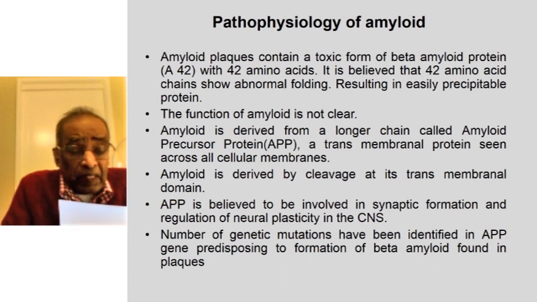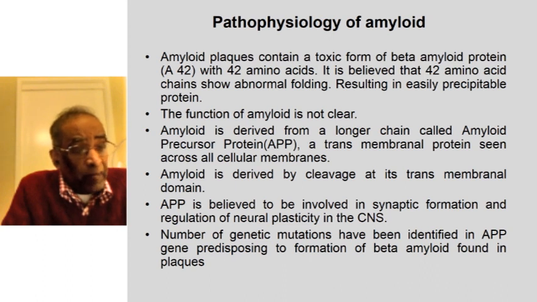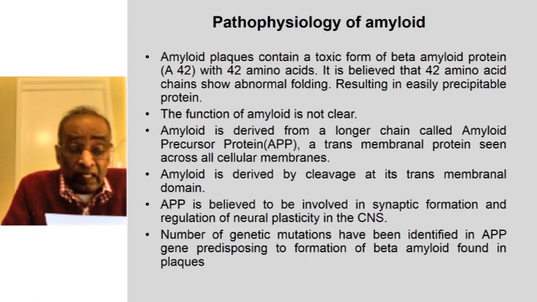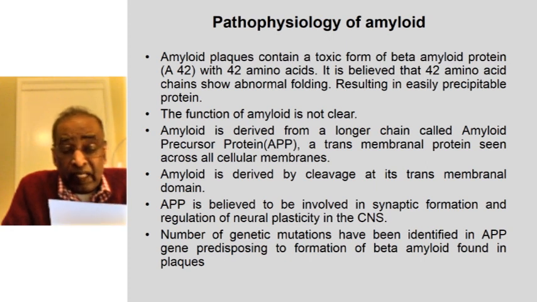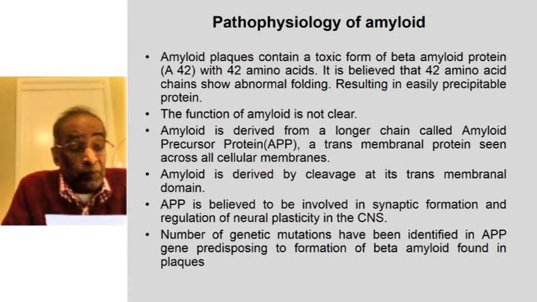Amyloid precursor protein is believed to be involved in synaptic formation and regulation of neural plasticity in the central nervous system. A number of genetic mutations have been identified in the amyloid precursor protein gene predisposing to formation of beta amyloid found in the plaques.